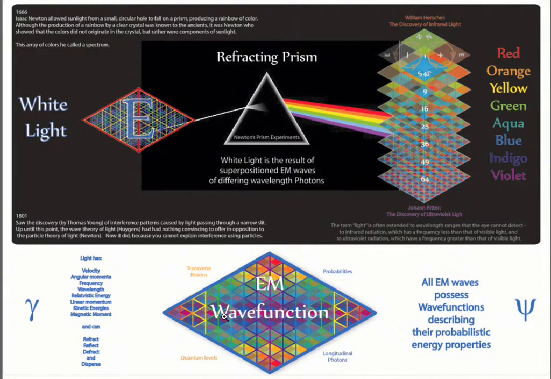And in doing so, we can describe them mathematically as a wave function for any EM wave. A lot of speculation has gone over the years as to exactly what the wave function is describing, and it's the foundation for a lot of the probabilistic statistical mechanics and mathematics within quantum mechanics, particularly QED.